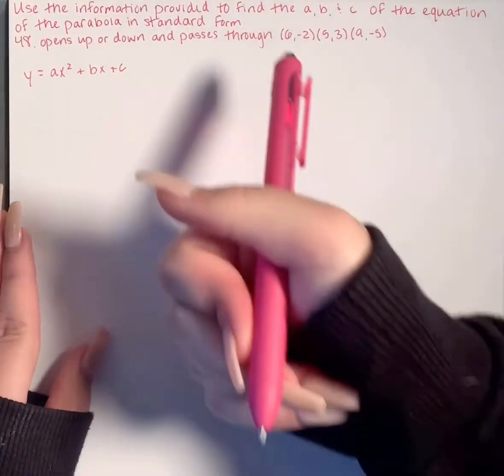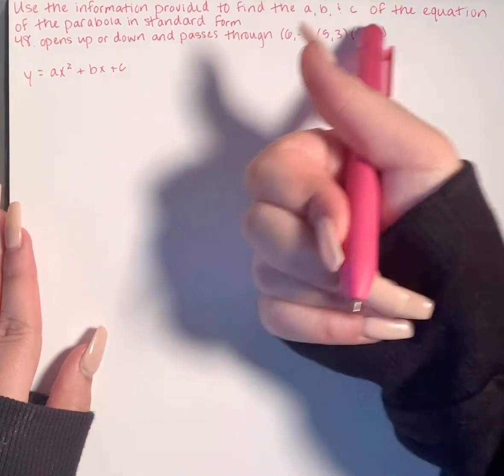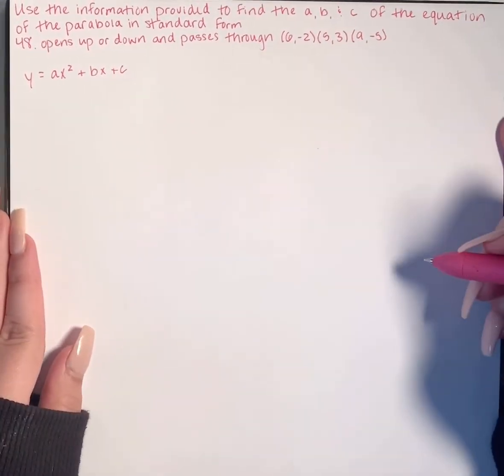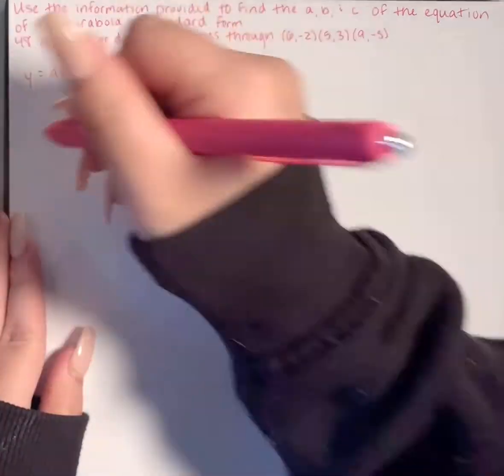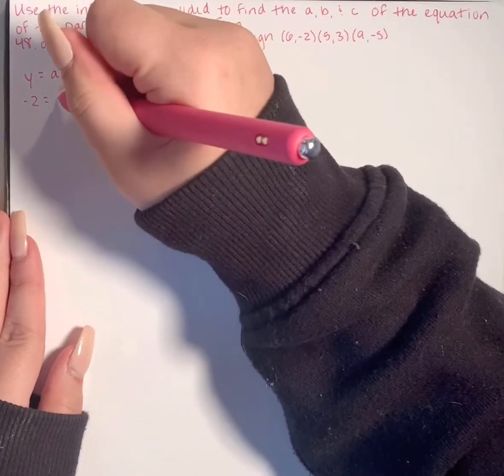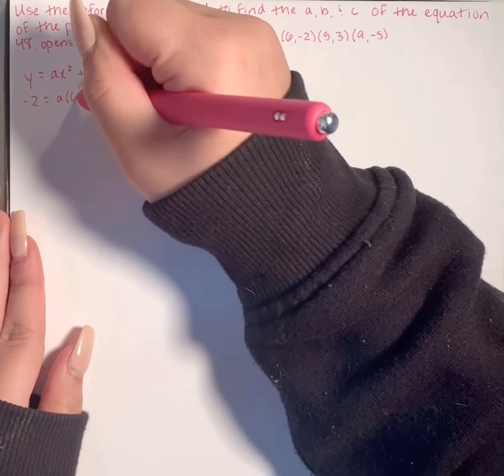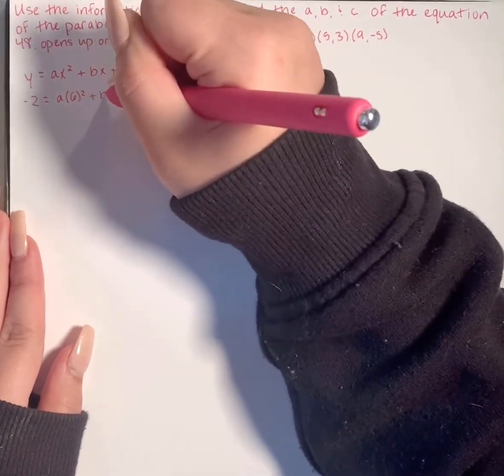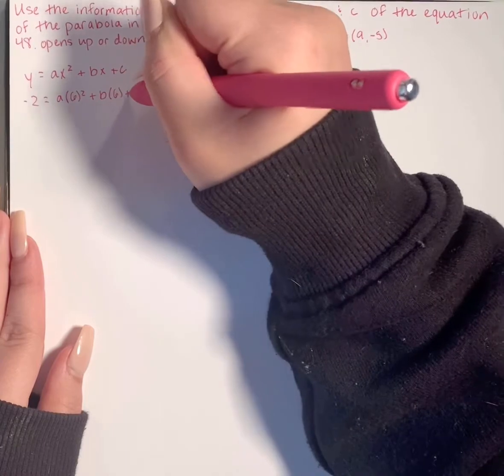And then we're going to plug each of these pairs into the equation and form three different equations. So the first one is going to go -2 equals a 6 squared plus b 6 plus c.